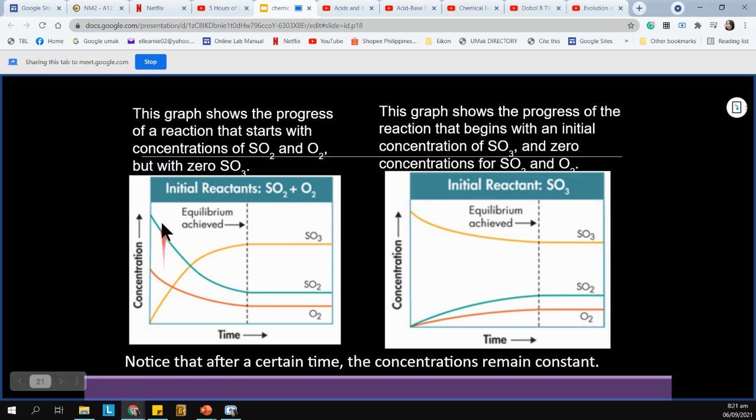And if you will notice, as both reactants are decreasing in terms of concentration, kumukonti sila sa loob ng space na yon, the concentration of your sulfur trioxide is increasing. But once it has reached its equilibrium, okay, it's not going to increase anymore. It's going to stay there kahit na gaano pa katagal siya.